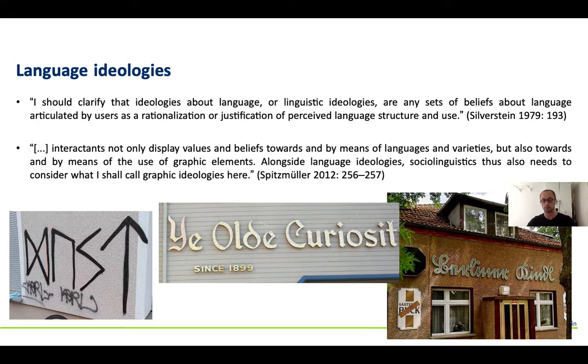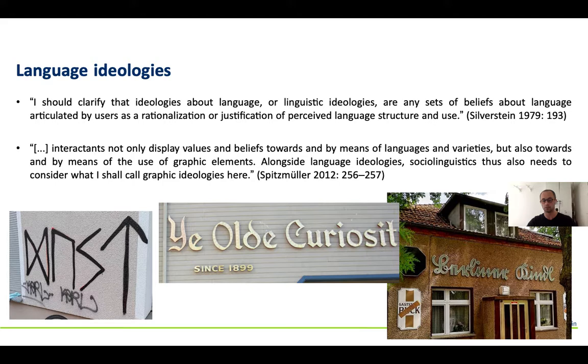This one, by the way, reads dust for some reason. But it's not really important what it says, because not many people will be able to decipher it, but the way you write it also represents something, and it also has an indexical meaning.